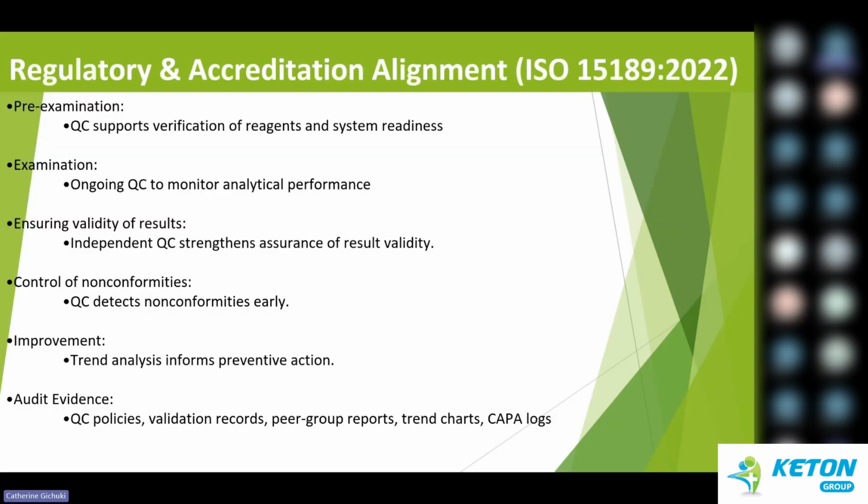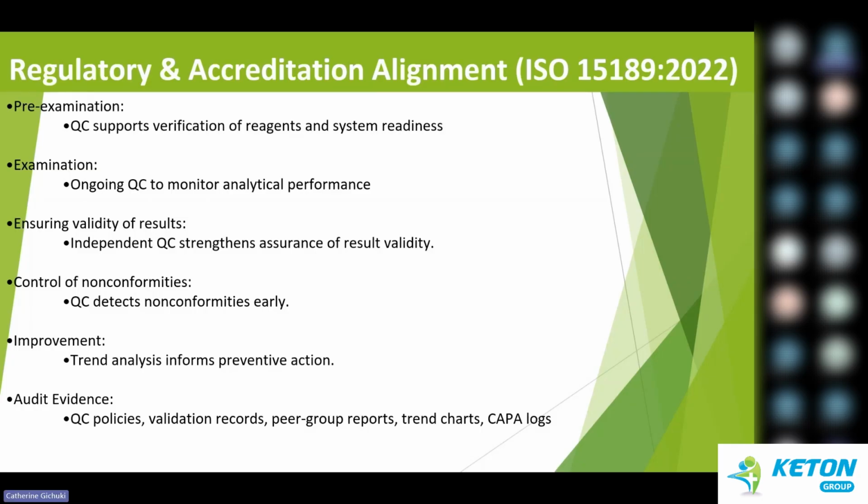The third-party QCs, which we are also calling independent QCs, strengthen that assurance. We are then able to control any occurrences that are out of the norm, the non-conformities, and the third-party independent QCs are able to detect them early.